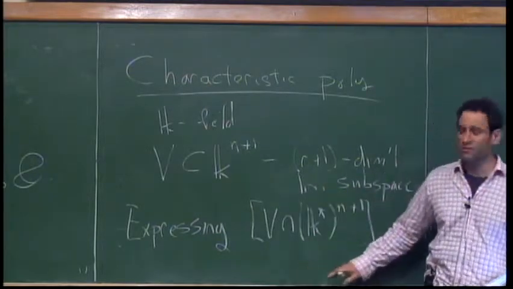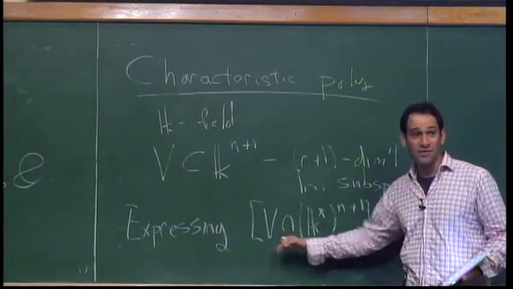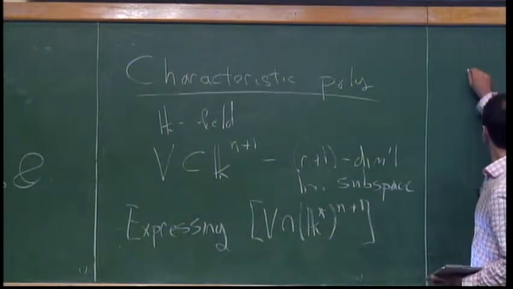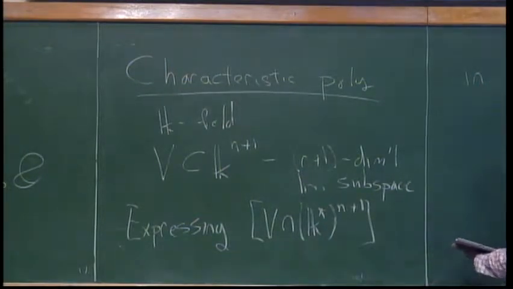It's a set of all points, none of whose coordinates are 0. And I'm going to do an inclusion-exclusion type expression. And I want to express it in terms of coordinate flats.